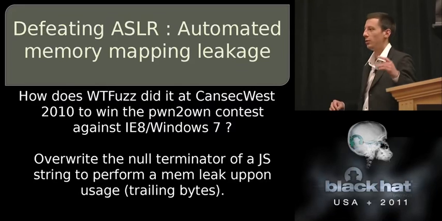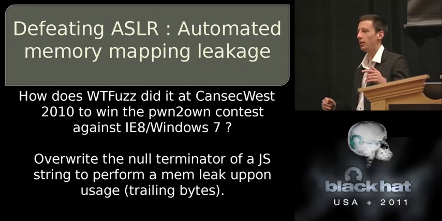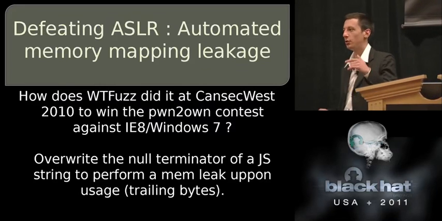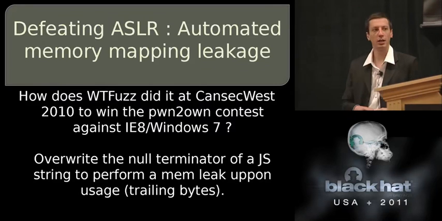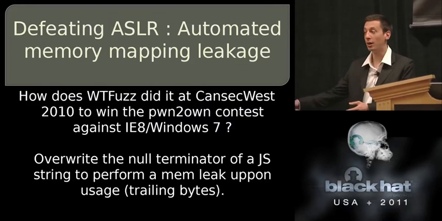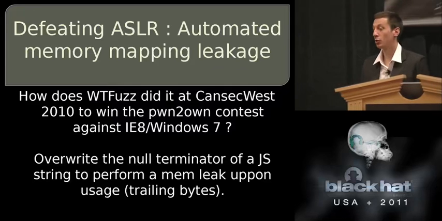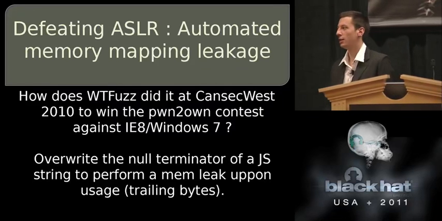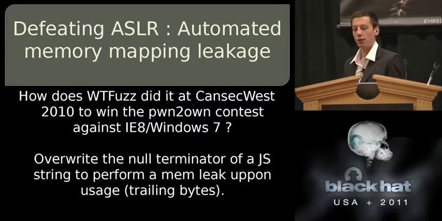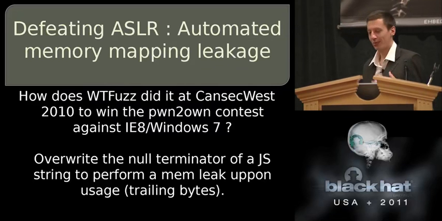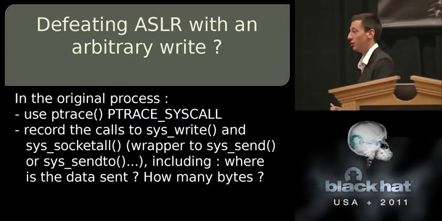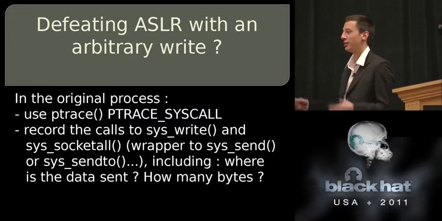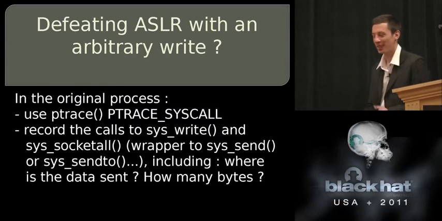So using an invalid memory write, if we overwrite a null terminator or something in a string, most probably when we read it back, we can read a few trailing bytes, which may contain information regarding ASLR. If we want to generalize this a lot, first off, most applications don't use JavaScript, right? Network daemons and stuff don't use JavaScript.